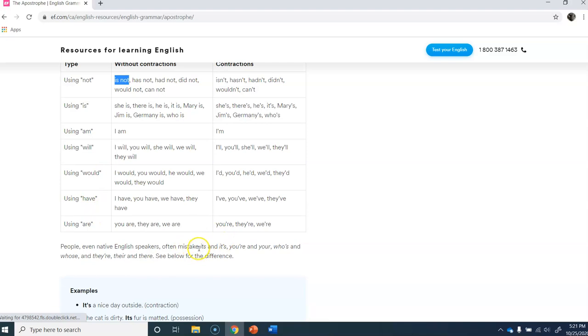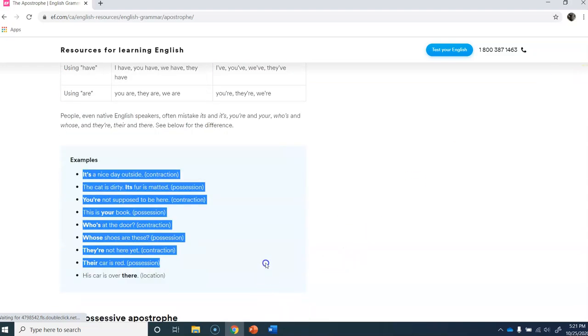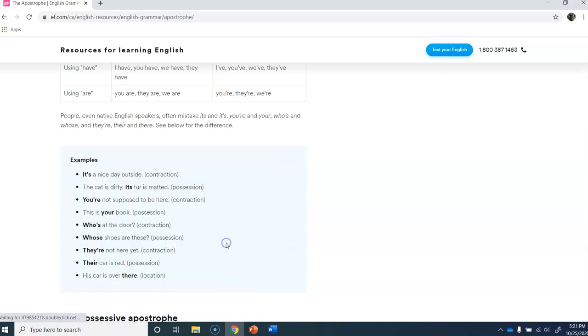The tricky ones are it's and its, you're and your, who's and whose, and they're and their. So if you take a look at the website, you'll see that it gives some examples that show the difference between contraction and possession using these particular words. Okay, so that can be a little bit tricky.